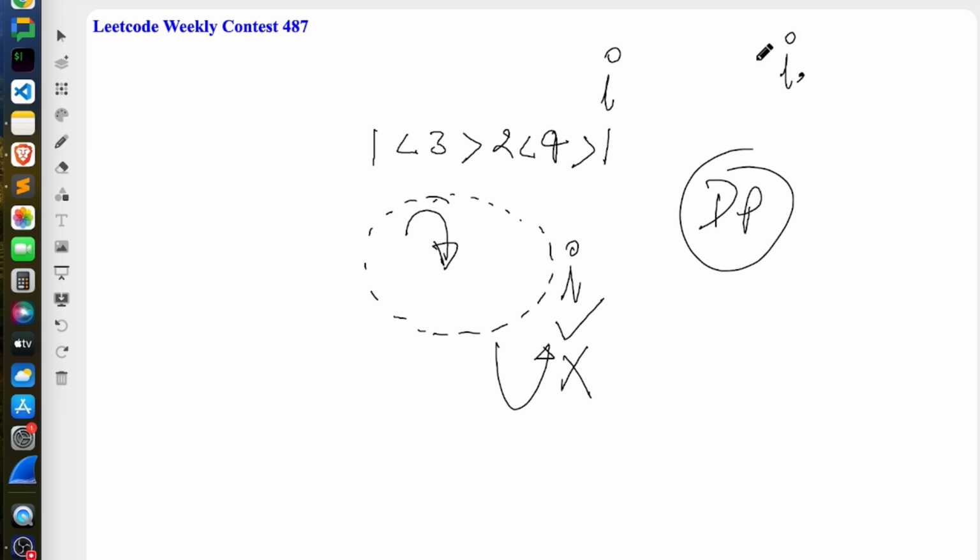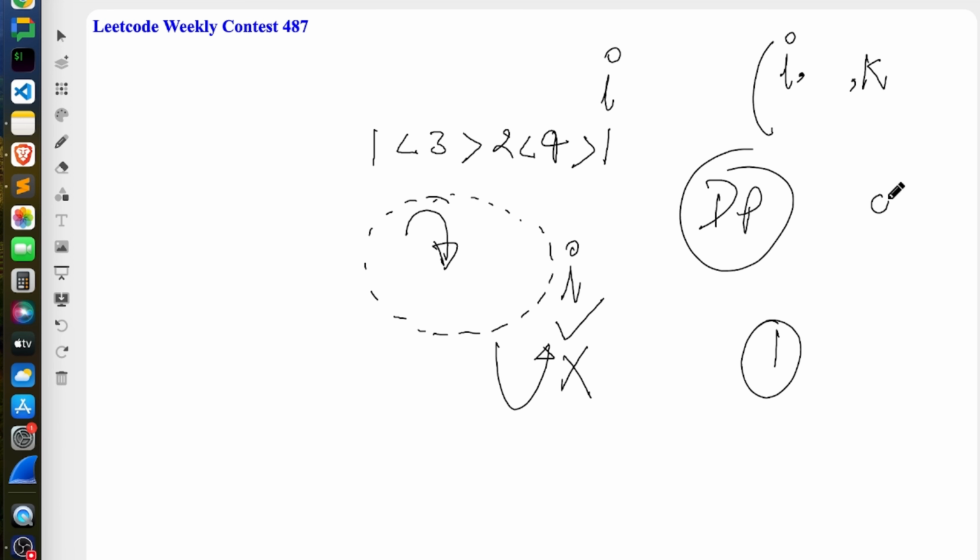The state of DP. One of the states is the index where you are at. Now the second state is whether any number has been removed or not, right? Since we know that we can only remove at most one number, let's say we have another state, for example k, which denotes whether a number has been removed yet or not, right?